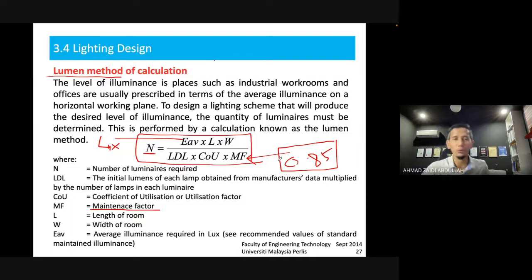You tanya soalan tu kat bos kamu pun boleh. You can ask your boss. But my suggestion, you can straight away use 0.85. So once you have completed all of these values, then you can have the exact or required value of the lighting for a specific room. Okay, clear.